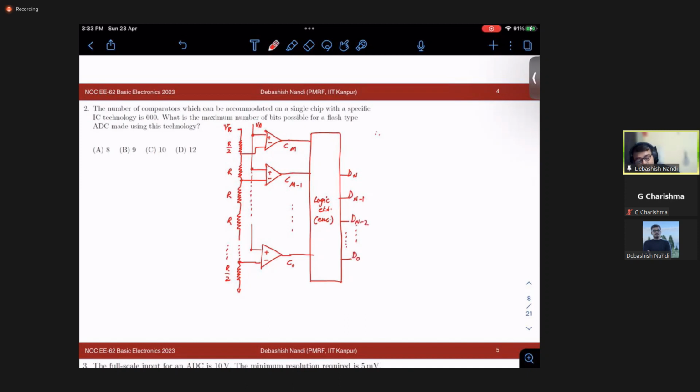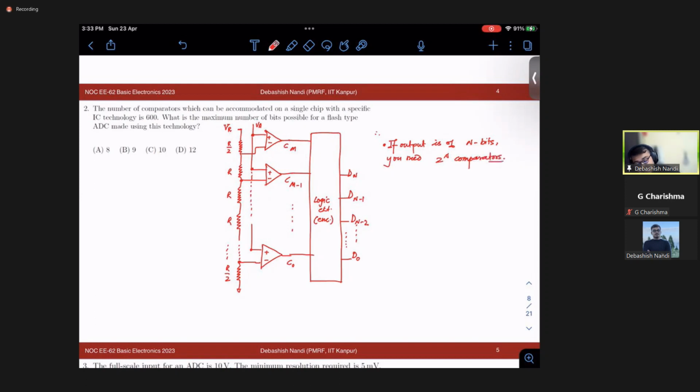Okay, so if the output is of n bits, you need 2 to the power n comparators.